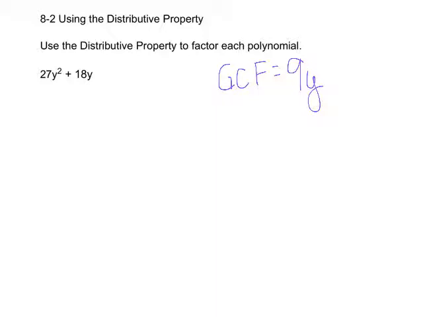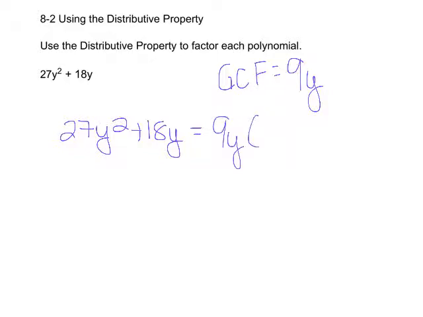So I know that 27y squared plus 18y can equal 9y times, and if I pulled a 9y out, well, what am I left with when I pull that out of that 27y squared? Well, I'm left with a 3y plus 2.